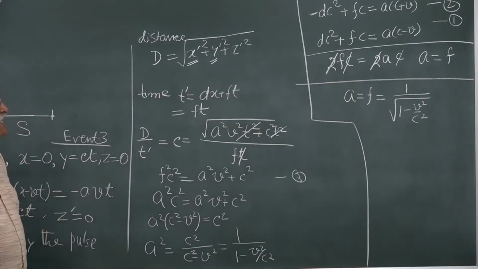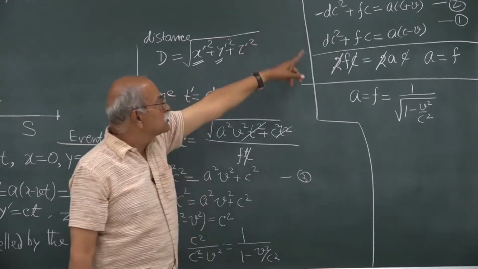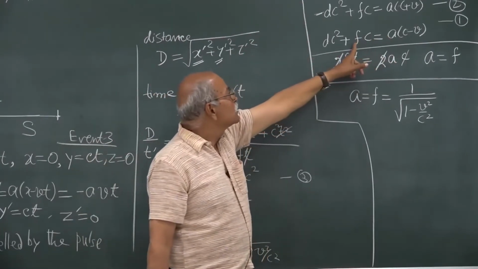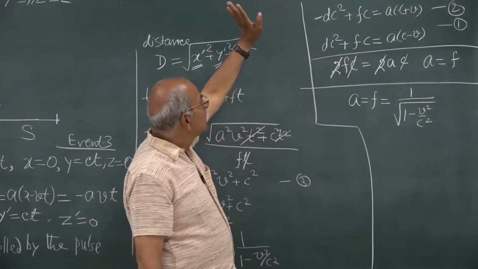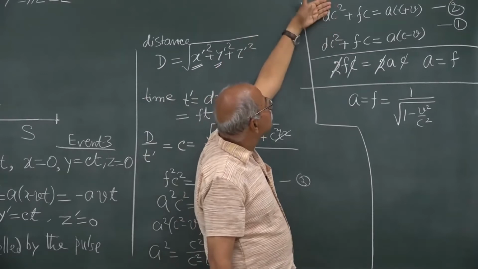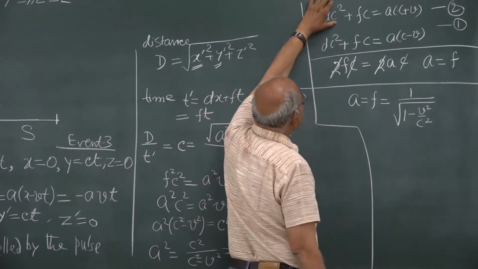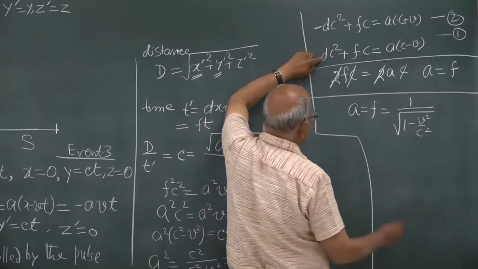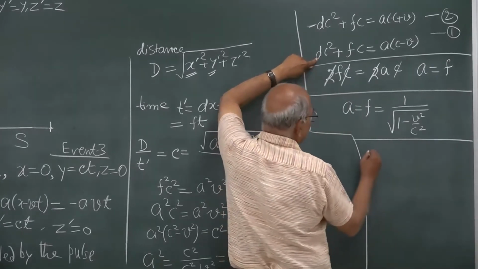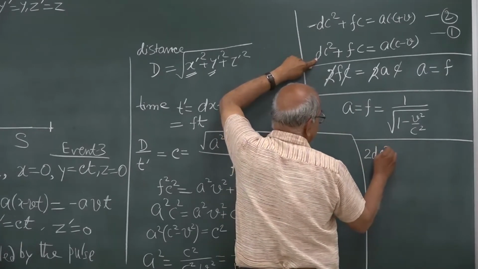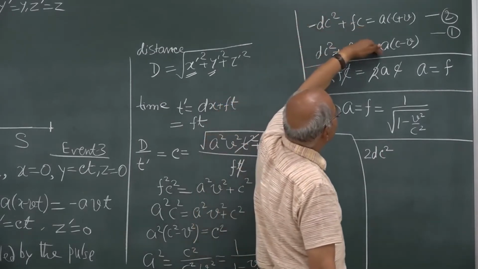And then you need D. So, any of these 2 equations you pick up for D, because now we know what is A, now we know what is F. Or I can subtract this from this. So, if I subtract the second equation from the first equation, what do I get? I get 2 times dc square, dc square minus dc square cancels out, and here we are subtracting.